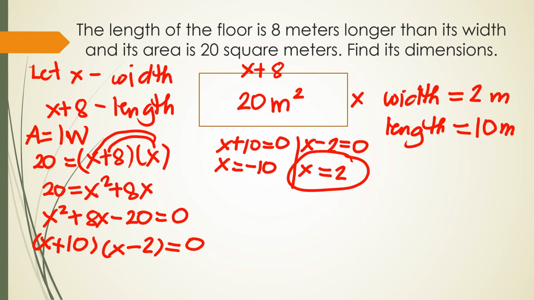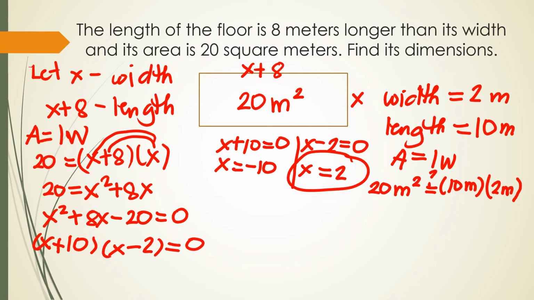Okay? So, to check, we need to substitute dun sa ating formula ng area ng rectangle. Okay? So, area is equal to length times the width. Ang dimensions natin, ang width ay 2 meters, ang length ay 10 meters. Okay? So, area is 20 square meters. Is it equal to, ang length ay 10 meters times ang width ay 2 meters.